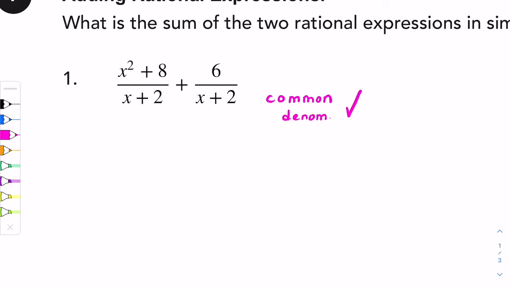Once we have a common denominator, the directions say that we now need to add the numerators together. So in this case, I can rewrite my numerator as x squared plus 8 plus 6, and we're going to divide this by x plus 2.